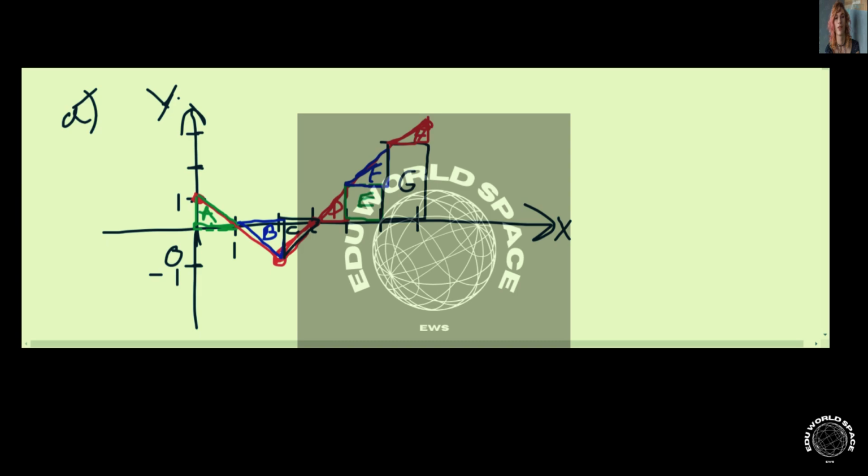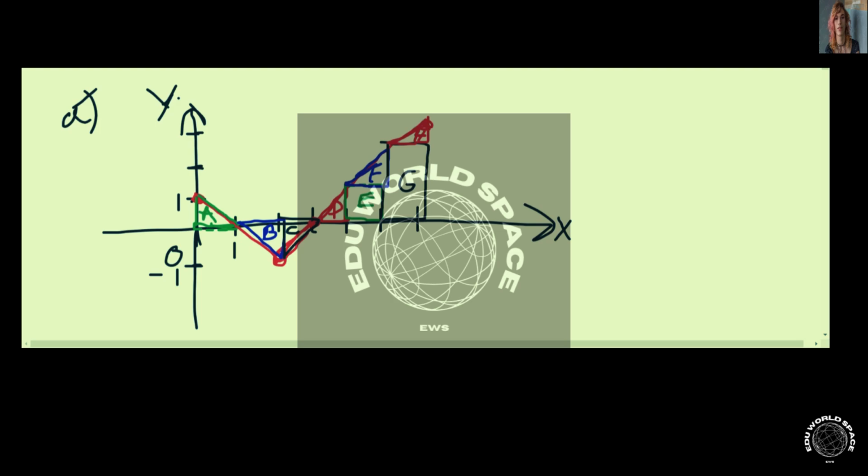Now, as g of x is defined, it is the area between the graph of f and the x-axis, where we have areas below the axis being negative.